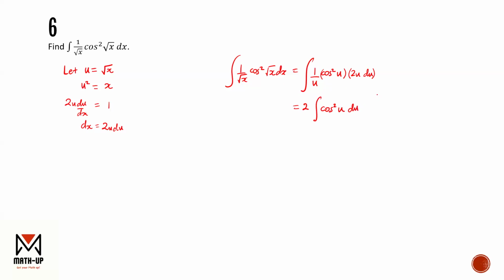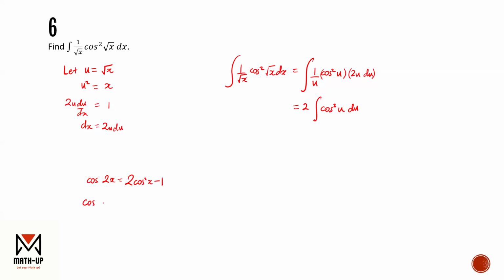This is where your trigonometry comes in again, because to integrate this, we need the half angle identity. We'll use the fact that cos of 2x is equal to 2 times the cos of x squared minus 1.